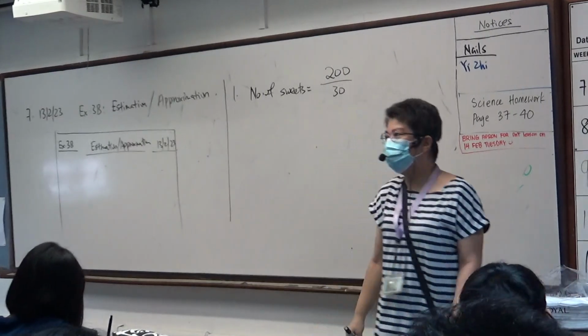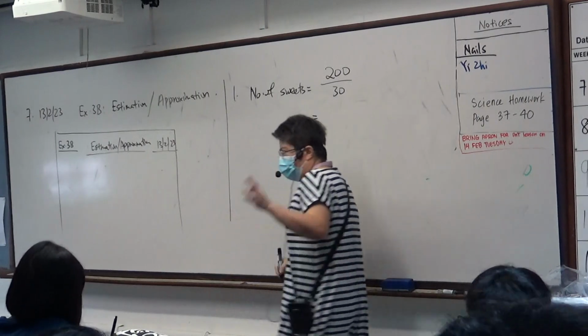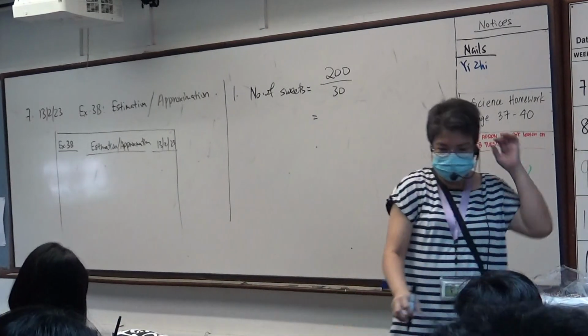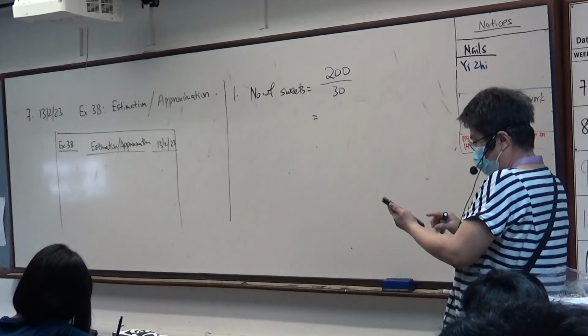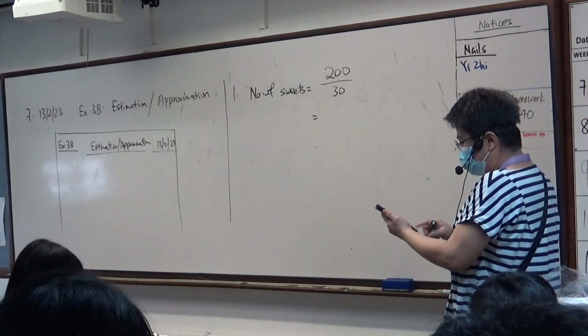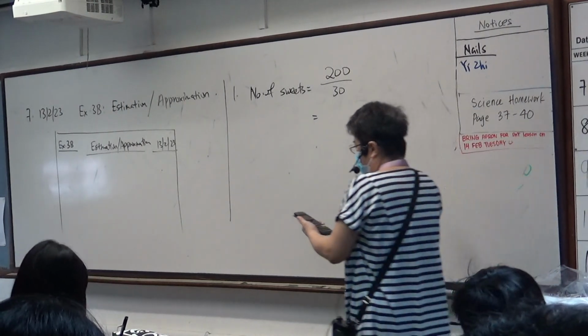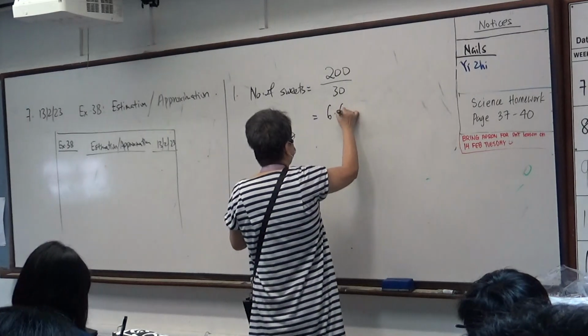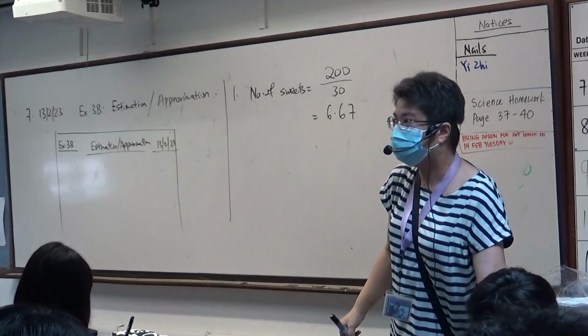Changing the dollar to cents. Okay. All of you use a calculator. 200 divided by 30.